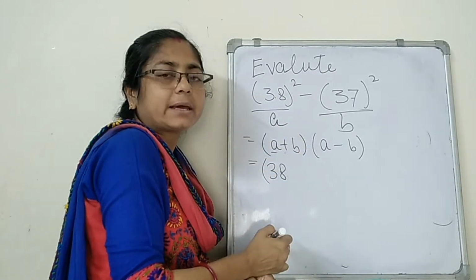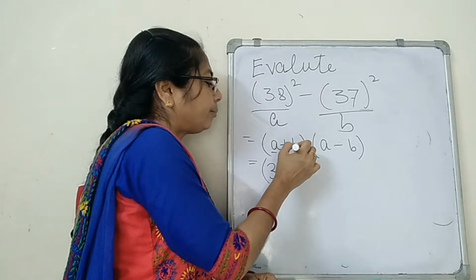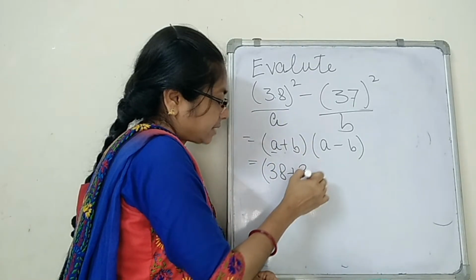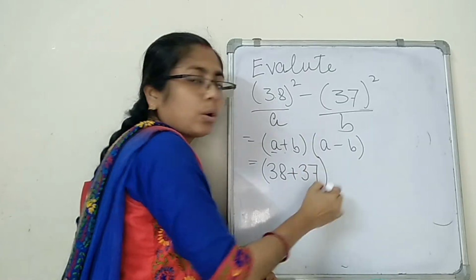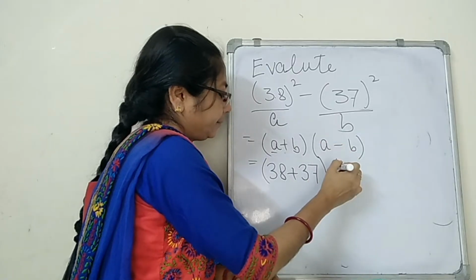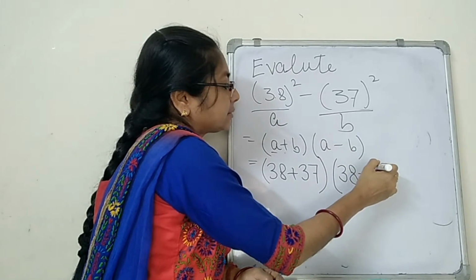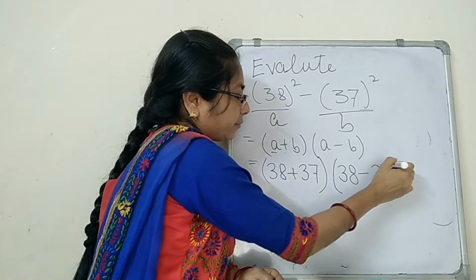Then I write the sign. What is the sign here? Plus. I write plus sign. What is the value of b? 37. Bracket close. So again, bracket open, a 38 minus 37.